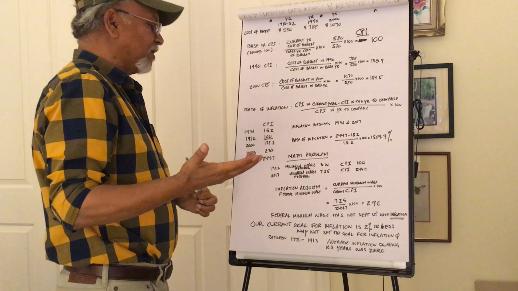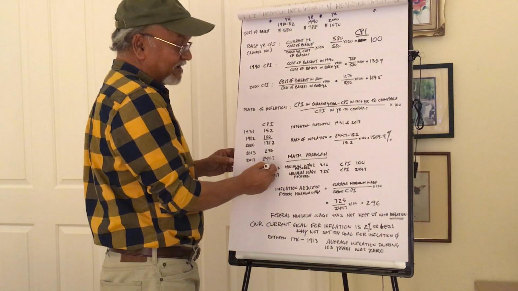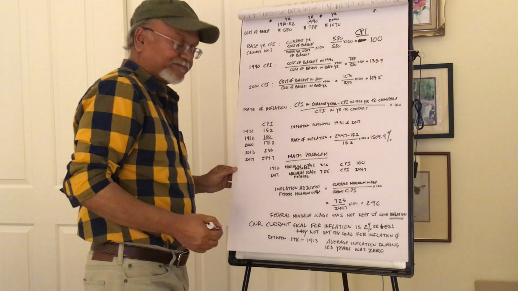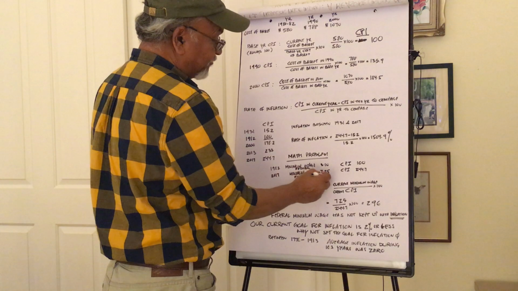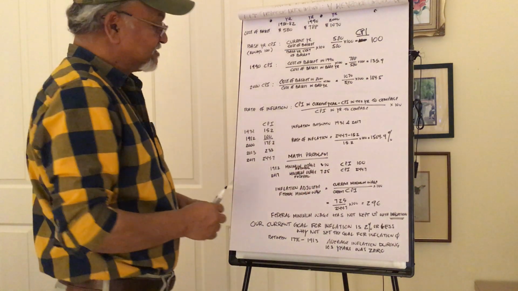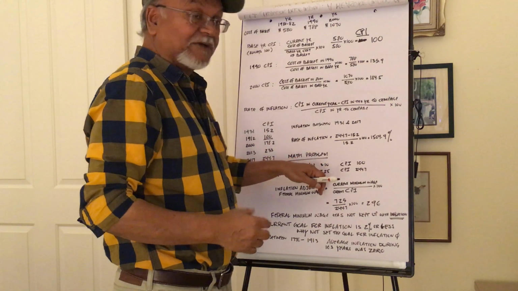So let's do one small little math problem. Federal minimum wage in 1982, the base year, was $3.10. Federal minimum wage in 2017 was 7.25. So you can see that our federal minimum wage has gone up in money terms.